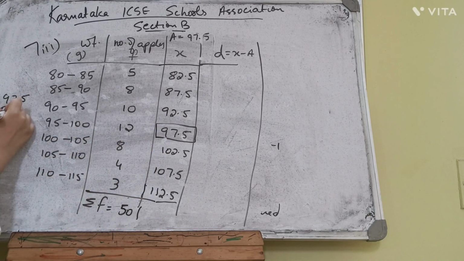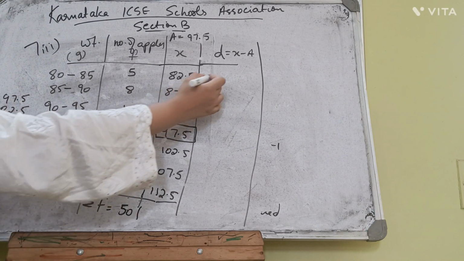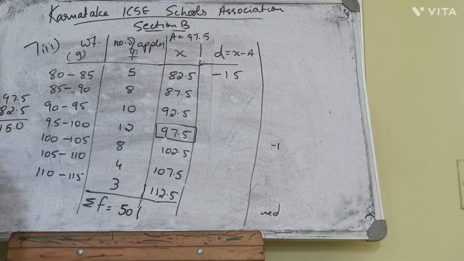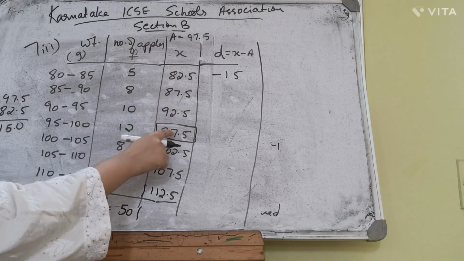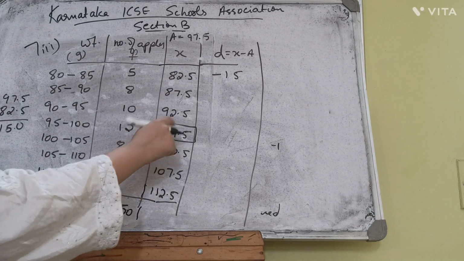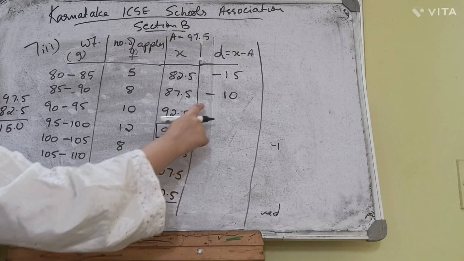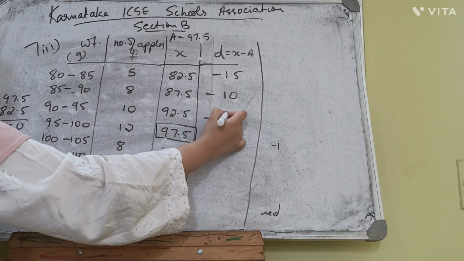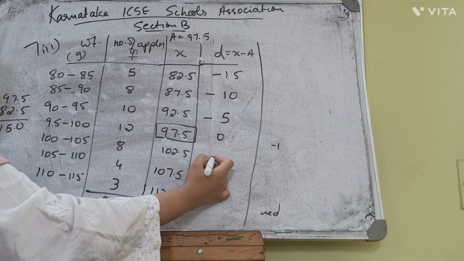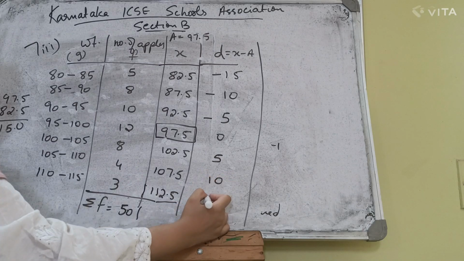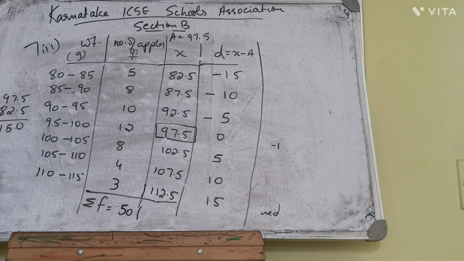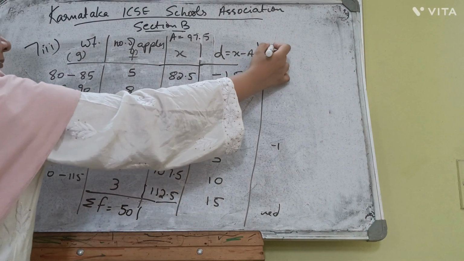So how much is that? You get minus 15. Then 87.5 minus 97.5 will be minus 10. Then here on subtracting this, you get minus 5, 0, then 5, 10 and 15.